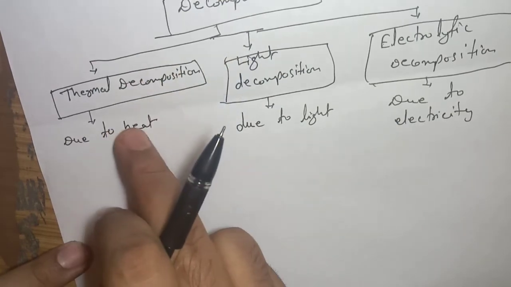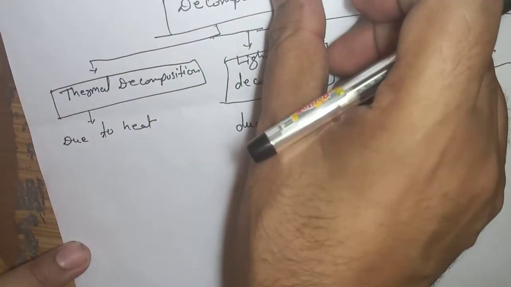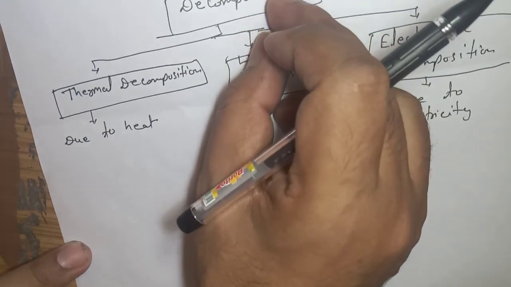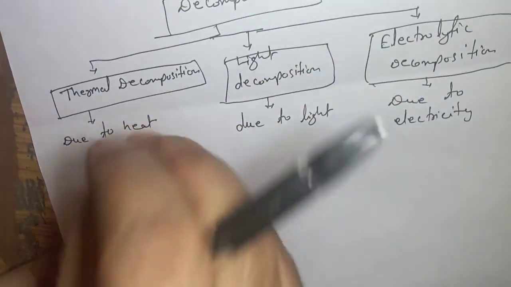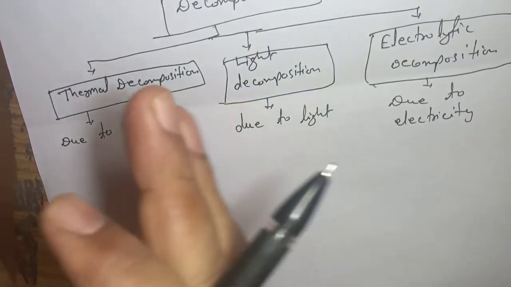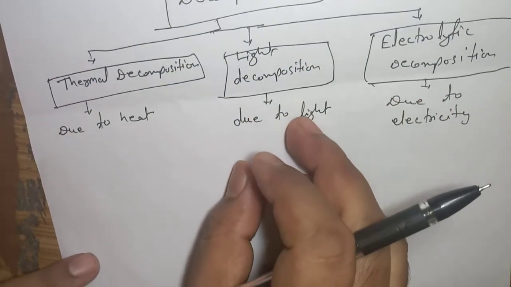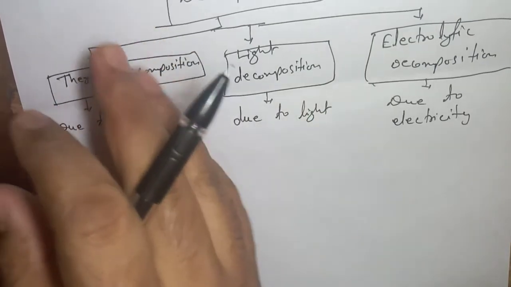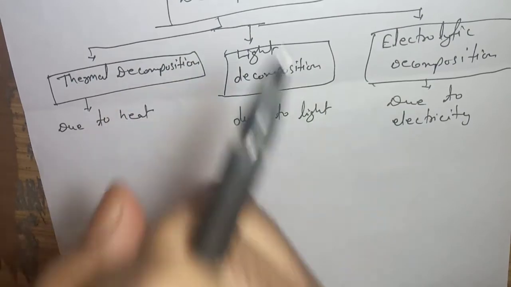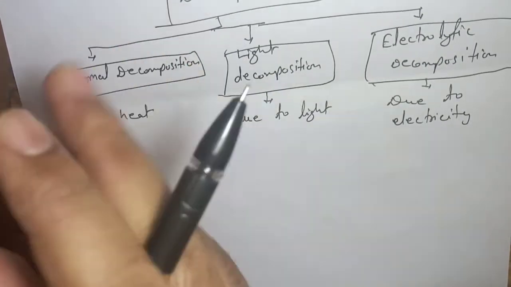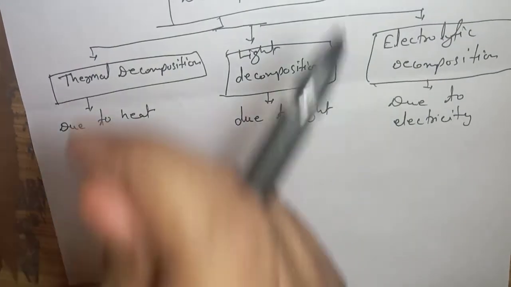A decomposition reaction happens when we need to break something, so obviously for breaking we need energy. Like in common life, if you want to break something, you need either muscle power or some tool.